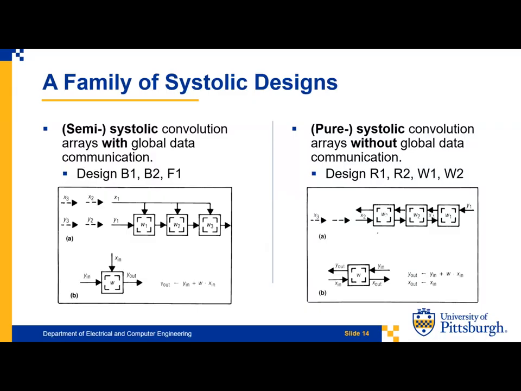Dr. Kung proposed a family of systolic designs. There are two types: the semi-systolic convolution arrays with global data communication, and the pure systolic convolution arrays without global data communication. The difference is with and without the global data communication.